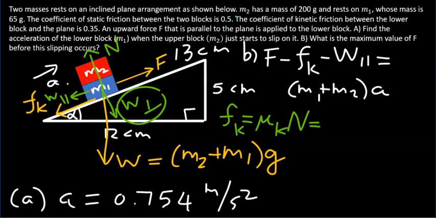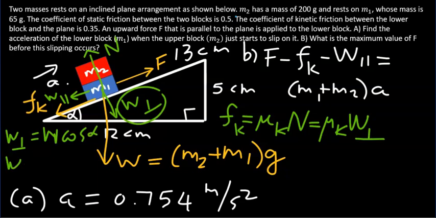So that means it is mu K times W perpendicular. As before, we note that W perpendicular is W cosine alpha and W parallel equals W sine alpha.